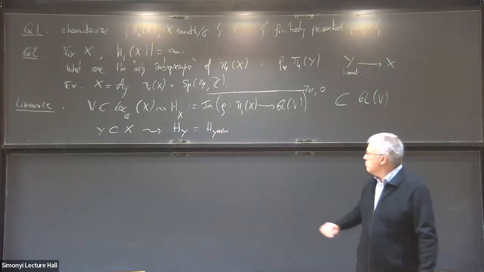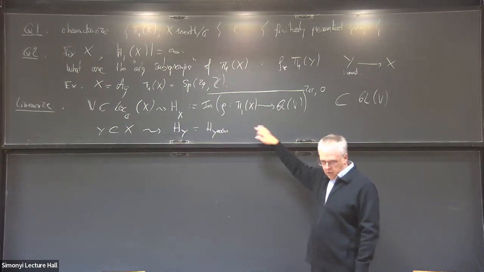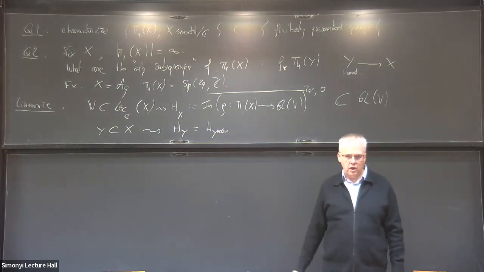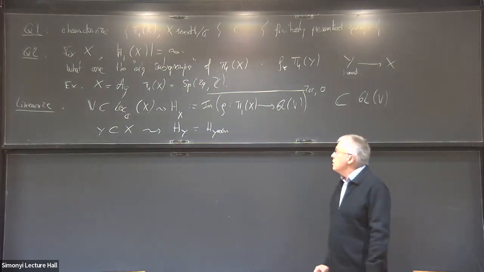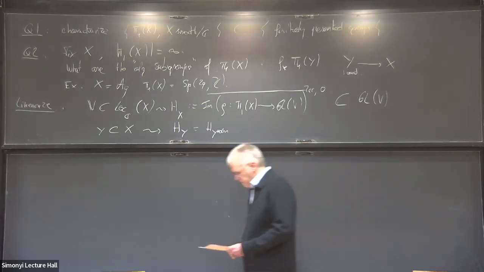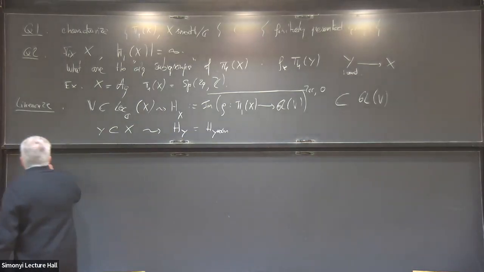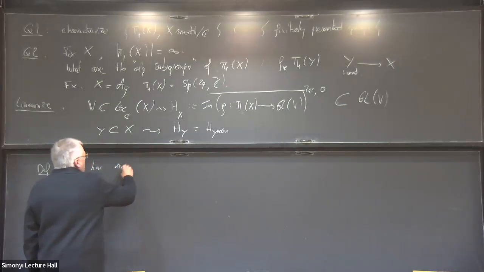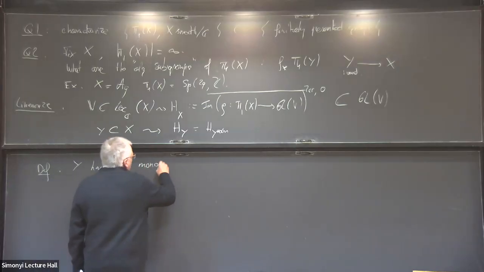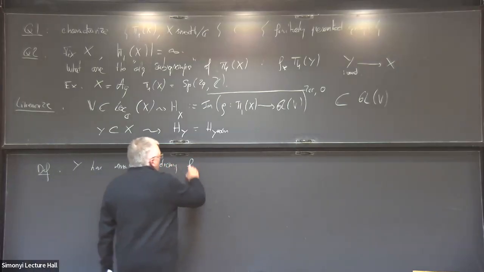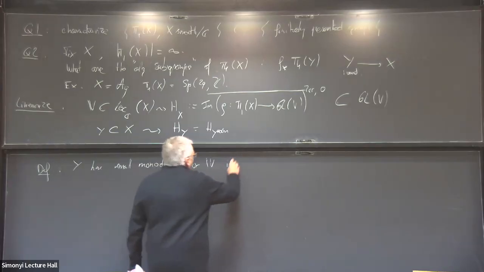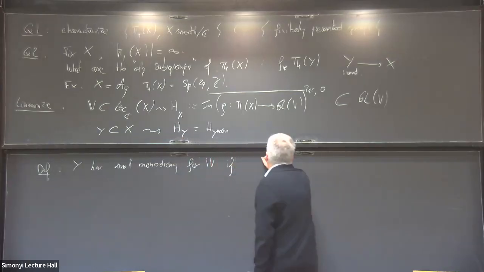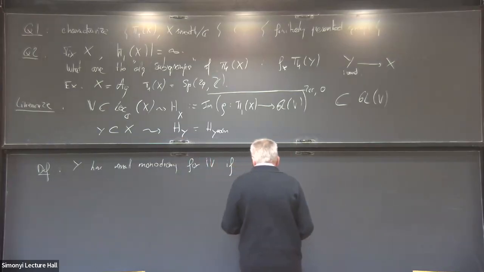So you have a holomorphic map from the normalization of Y to X, you pull back the local system, you take the algebraic monodromy group there, and you want to understand that. Okay, so the basic definition is: Y is monodromy small for V if H_Y is a strict subgroup of H_X.